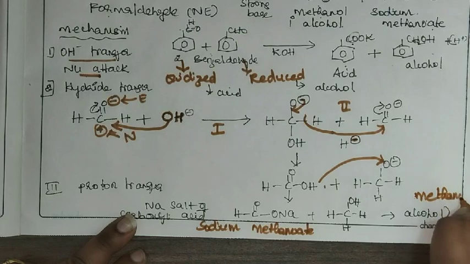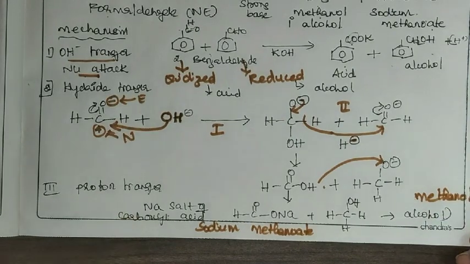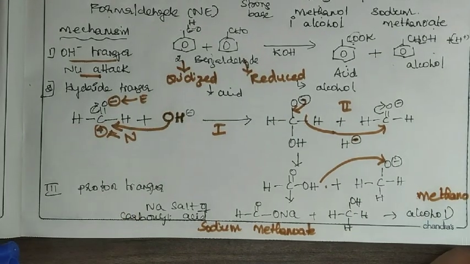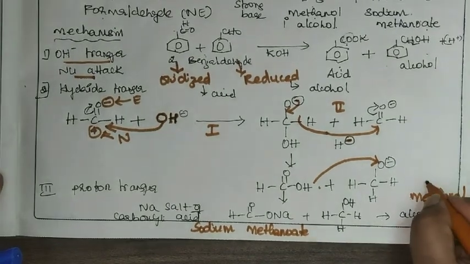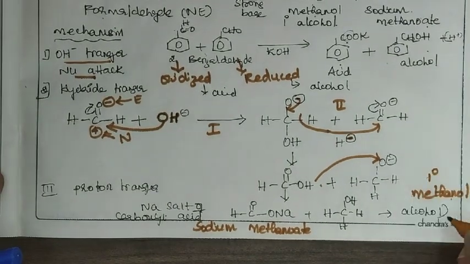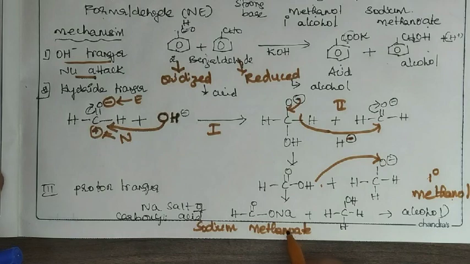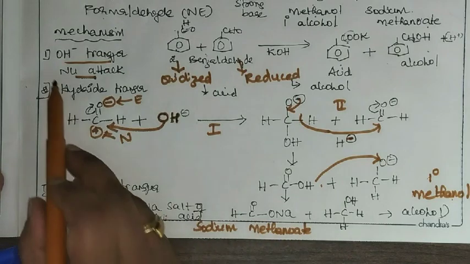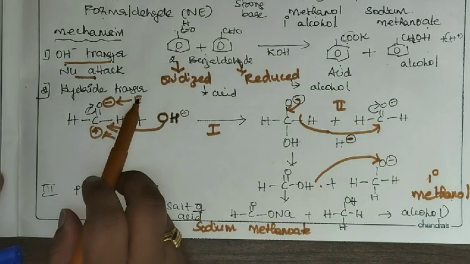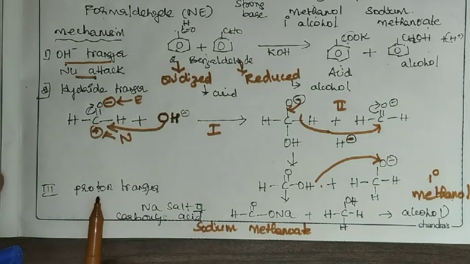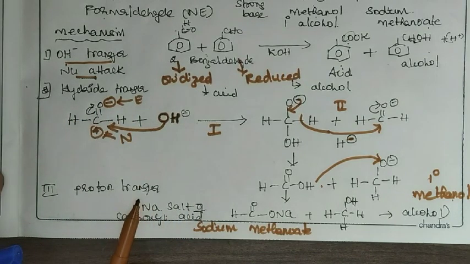This is methanol. So in the Cannizzaro reaction, we will get two products. One is alcohol, especially a primary alcohol, and the other is sodium methanoate or the sodium salt of a carboxylic acid. It involves three steps: hydroxide ion transfer, hydride ion transfer, and proton transfer.